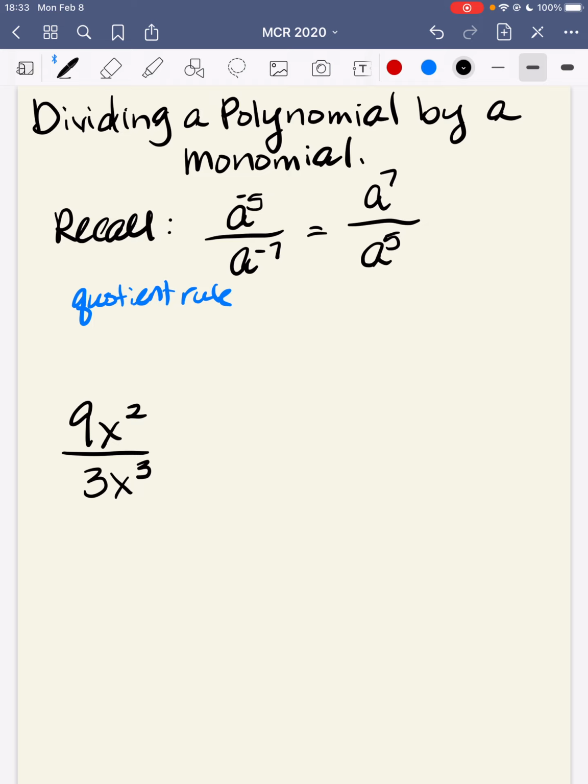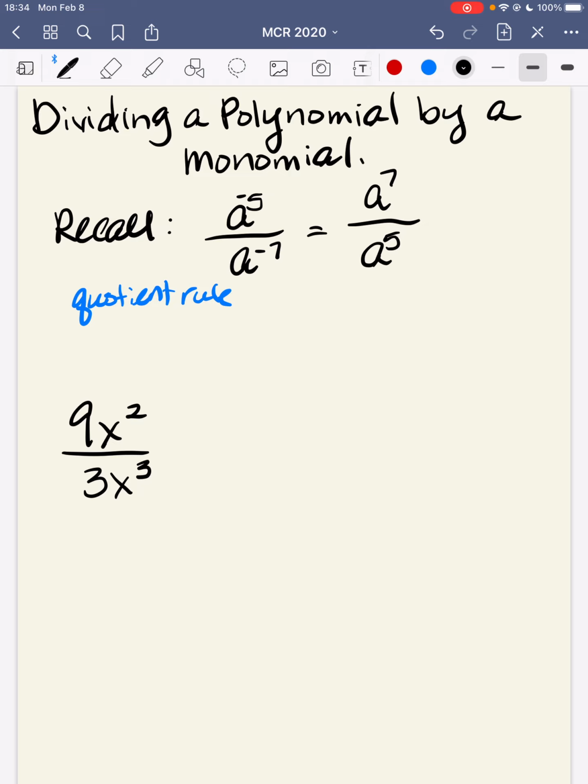Then we could go to our quotient rule, or realize that we have 7 a's on the top and 5 a's on the bottom, write them out, and cancel 1 in the numerator with 1 in the denominator to get our answer.